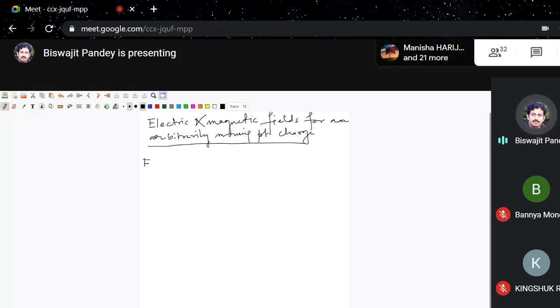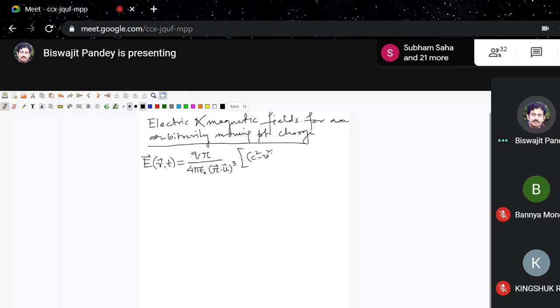The electric field for a moving point charge at location R at some time t was given by charge times curly r vector, where curly r is the distance between the field point and the moving point charge at any given instant, divided by 4 pi epsilon 0, which is a constant, and then curly r dot u, you may remember the definition of u, I will write it again, cubed, into c square minus v square.